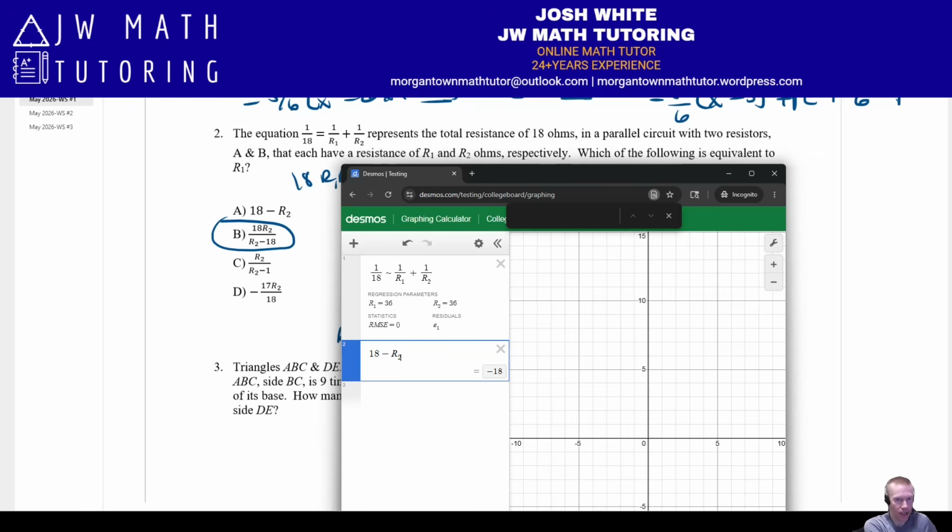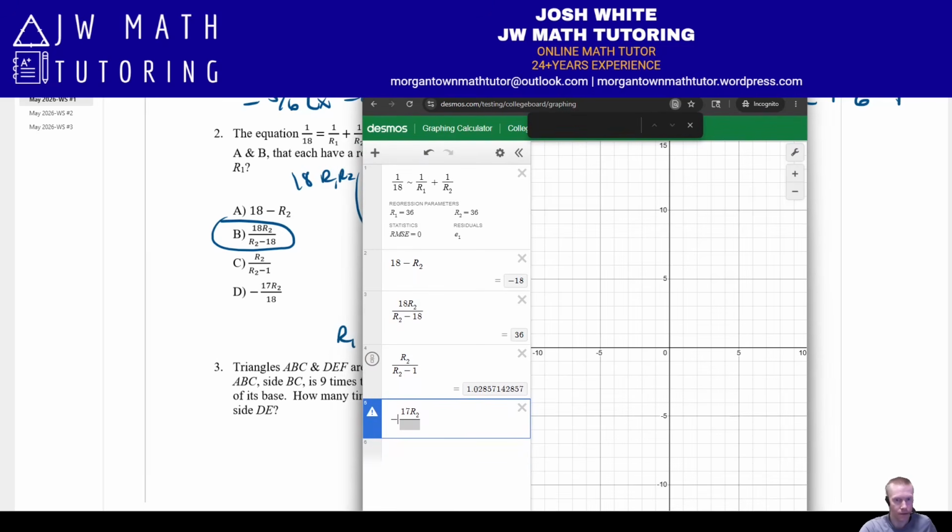Okay, so it's obviously not A. B matches, should be the correct answer. C does not match. Slide this up. And we can see D does not match. So B is clearly the only one that gives the same value as R1. Therefore, you can solve this entirely in Desmos and get the answer.